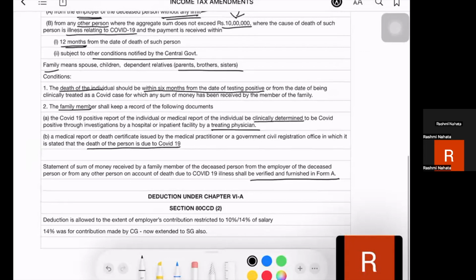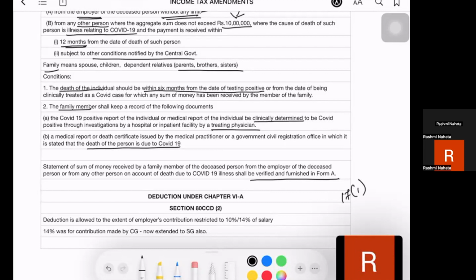Next is with regard to deductions under Chapter 6A, 80CCD(2). If you all remember, the employer contribution to any pension fund referred to under 80CCD(2) shall first get taxed under salary. 17(1), the meaning of salary, takes this into account, and later a deduction shall be given under 80CCD(2).